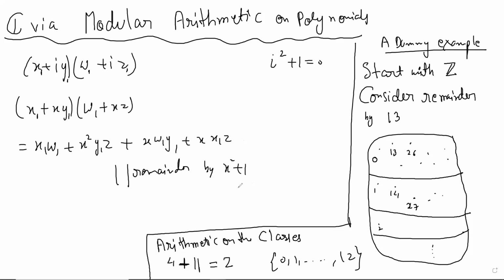How do you find the remainder of something divided by x square plus 1? Just put x square equal to minus 1, or just put x equal to i. That's the symbol you introduce, right?